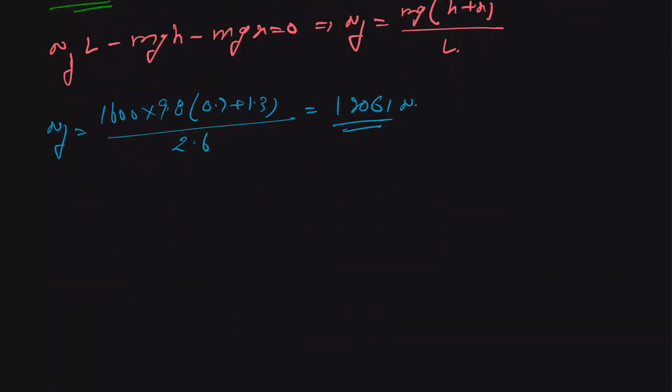So for equilibrium, let us say we have our x-axis and this is our y-axis. So we can say summation of forces in y-axis should be equal to 0.